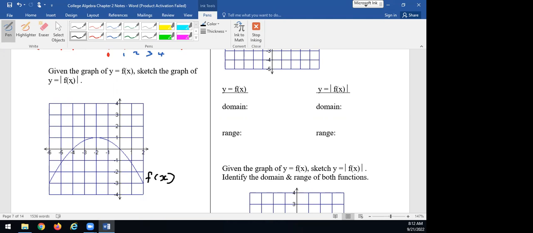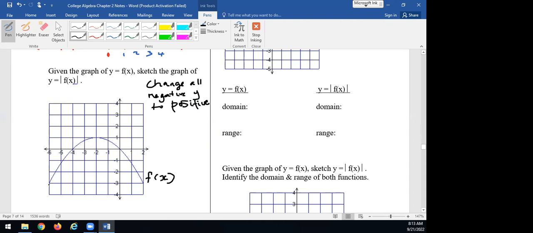So make a note here, don't forget, you're going to change all negative y coordinates to positive.